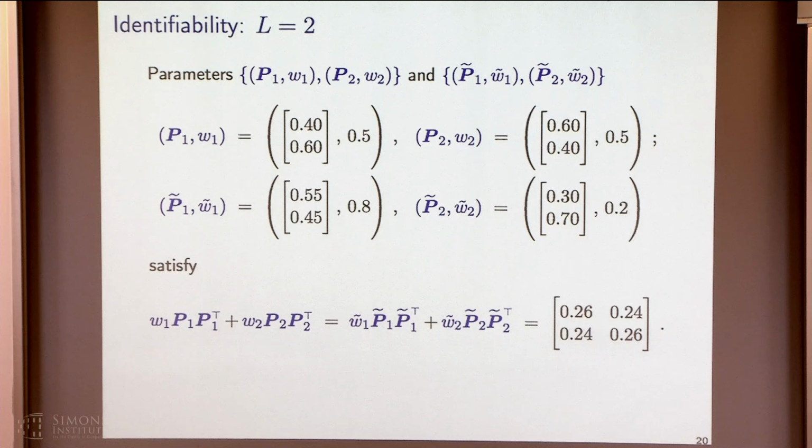In this particular case, there are only 2 words in your language, and it occurs with this topic with probability half, and this is the same for the other topic. Then this is a different distribution with 2 topics, again on a vocabulary of size 2, with slightly different parameters, but they generate the same distribution on word pairs.